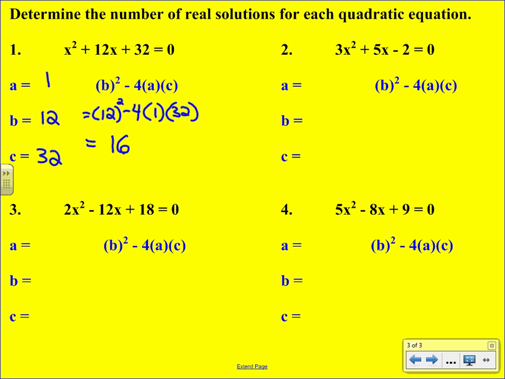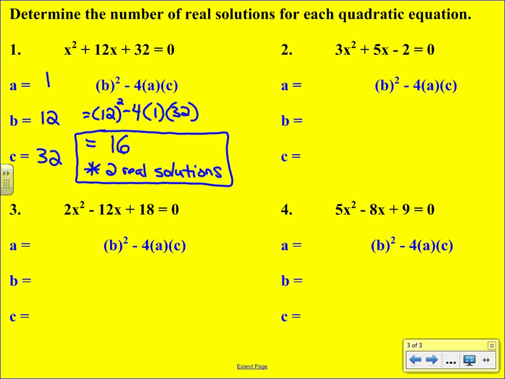Now 16 is definitely a positive number, so what that tells us is that we're going to have 2 real solutions. So both parts of those things are going to have to be present in your answer. The discriminant is 16, and then what that tells us is we have 2 real solutions. So if we were to graph that, it would cross the x-axis twice.